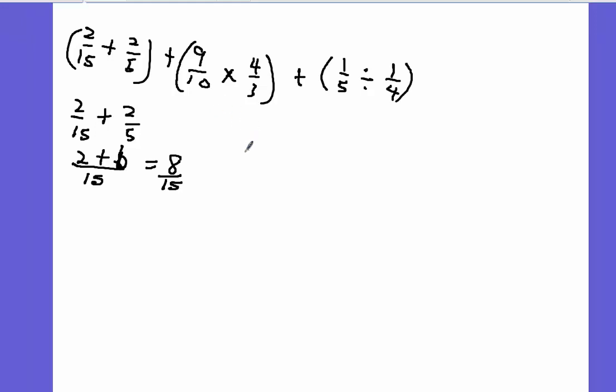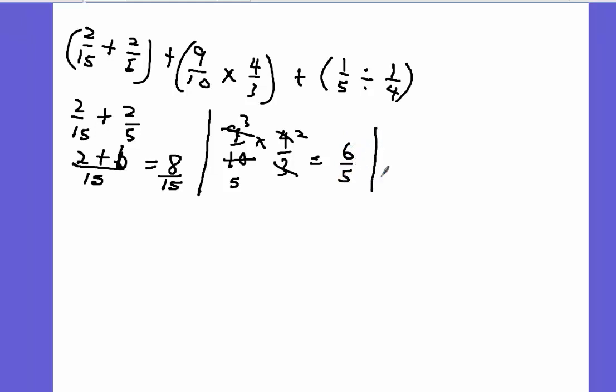Then the second one is 9 out of 10 times 4 out of 3. Now this 3, of course, will cancel out the 9 to give us 3. 2 will be able to cancel 4. Then 2 can go into 10, 5. So I have 2 times 3, which is 6 out of 5 for the second one.